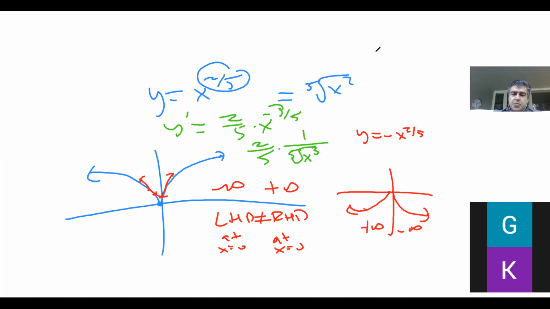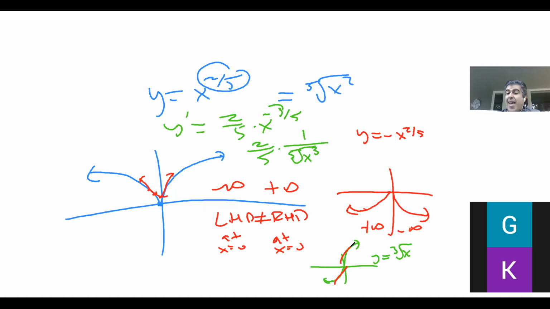A vertical tangent will happen when you have something that looks like this. y equals cube root of x is a great example there. So what happens graphically, the left-hand derivative and right-hand derivative are both approaching the same thing, both positive infinity. And that's kind of an abstract idea. What is infinity, right? I don't know what that number is.